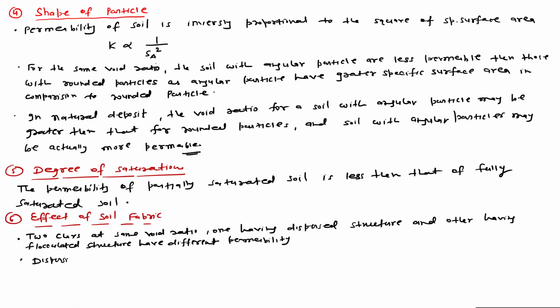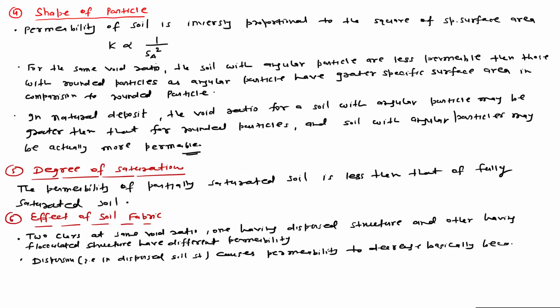In dispersed soil structure, dispersion causes permeability to decrease, basically because of reduction in size of voids available for flow.